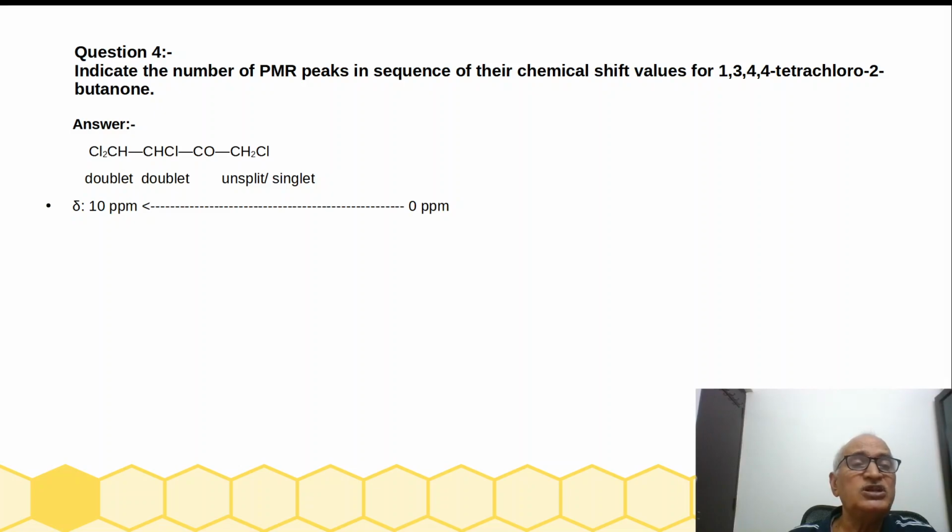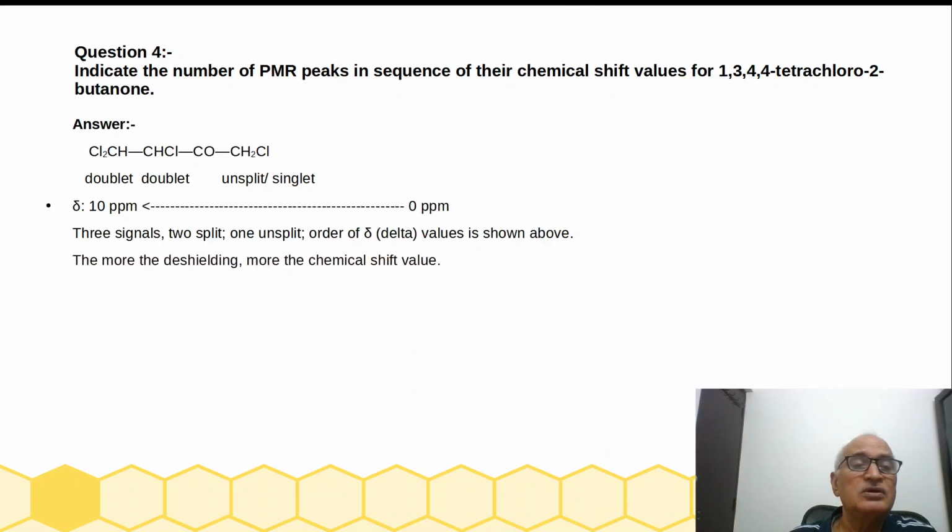And the most de-shielded proton Cl2CH appears even farther. More the delta value means more the de-shielding. Three signals, two split, one unsplit. Order of delta value is shown here above. The more the de-shielding, the more the chemical shift value.